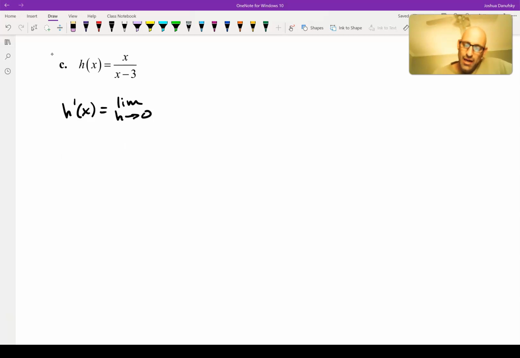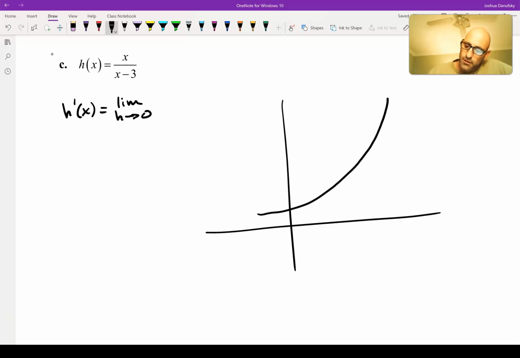Remember what these h's are, right? If you have some function like this, from this point to this point, you have a secant line, right? Like that. And if this is x, we've been saying plus h, but really it's a delta x.